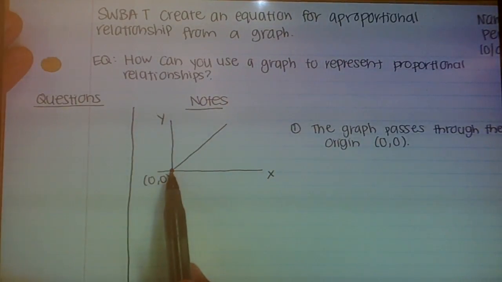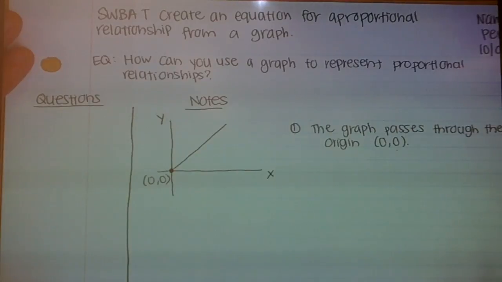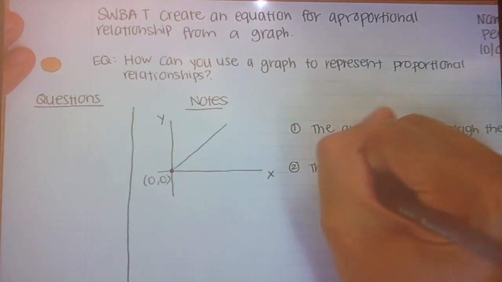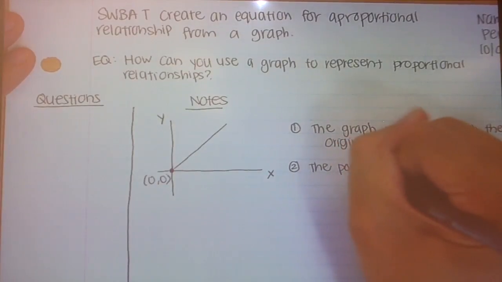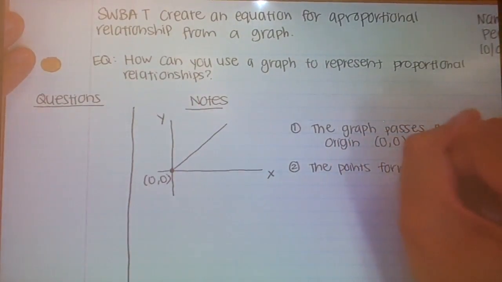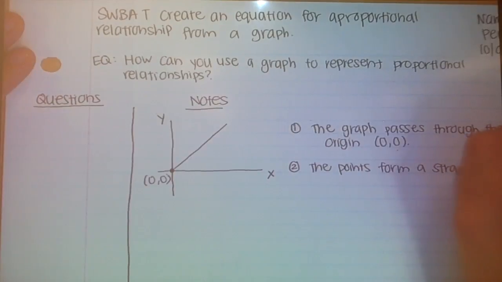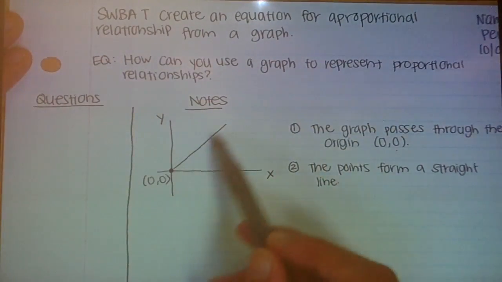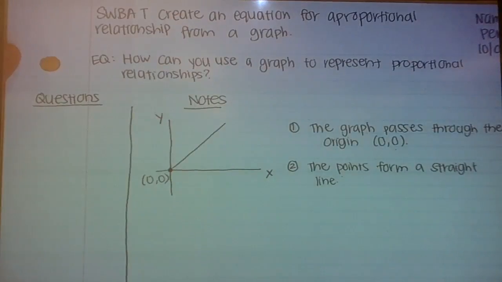There's a point at the origin, so this criteria is met. The second criteria is the points form a straight line. So we see here that the graph is a straight line, so that meets criteria number 2. So this is a proportional relationship.